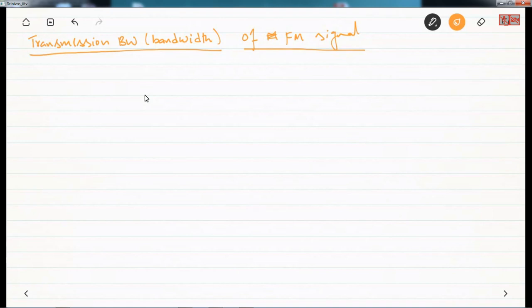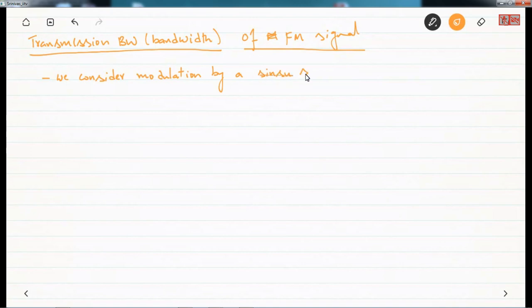Why? We have seen that there are infinite side frequencies, right? Here we consider modulation by a sinusoidal signal.